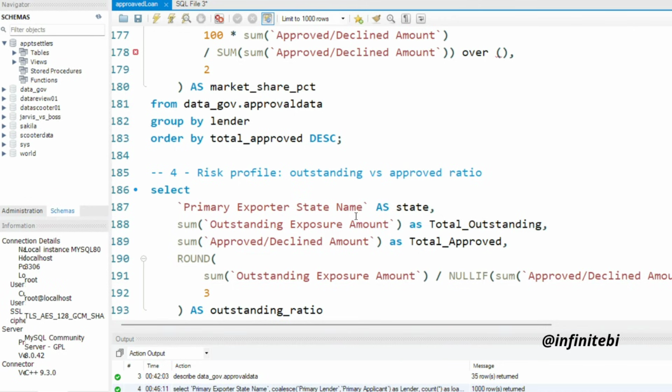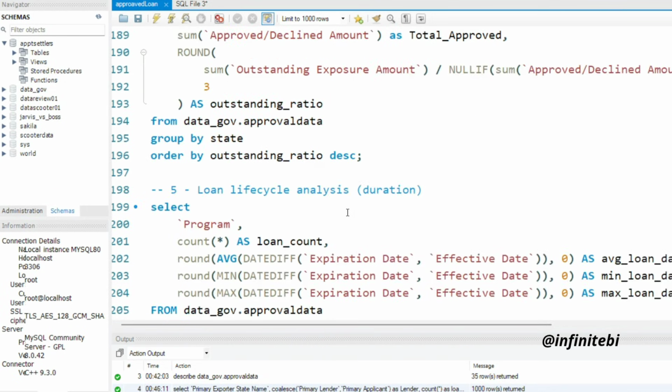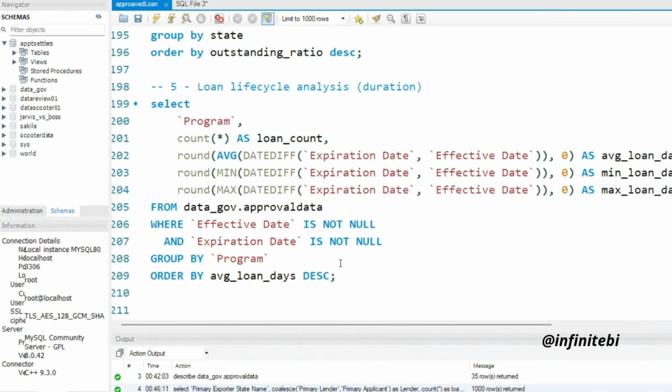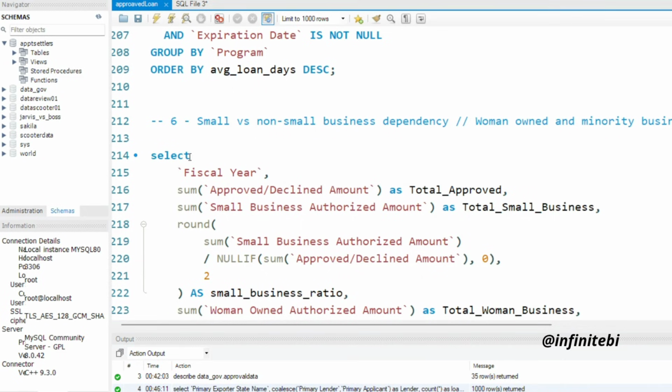And the life cycle, the duration, how long the loans usually take. I remember I did some extra work on this one, especially on small businesses, women-owned businesses, and everything. So you guys can see that. Yep, small businesses versus non-small businesses, women-owned and minority businesses.